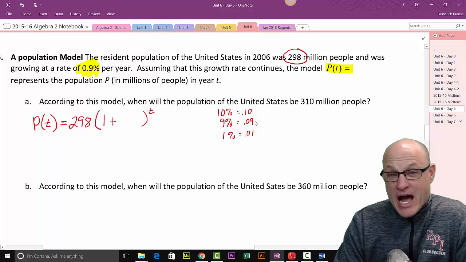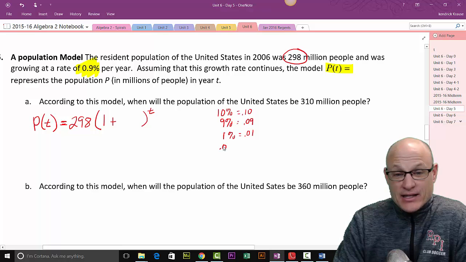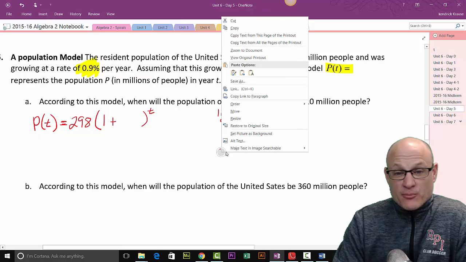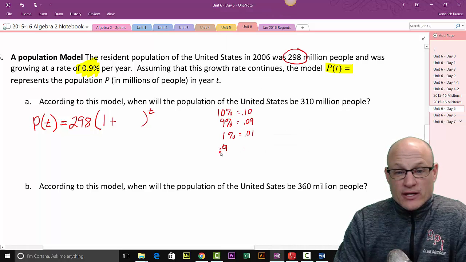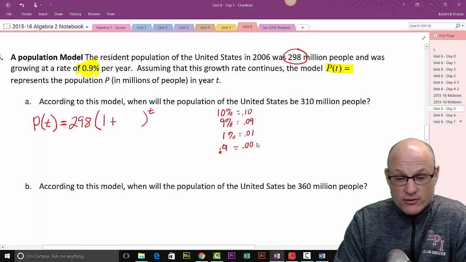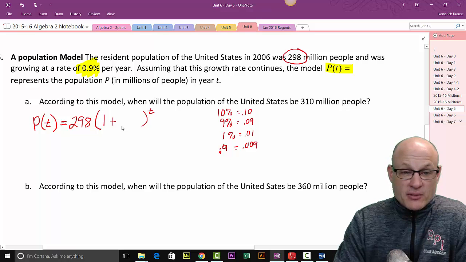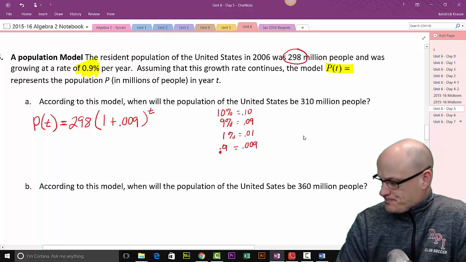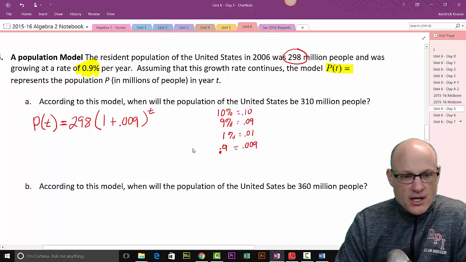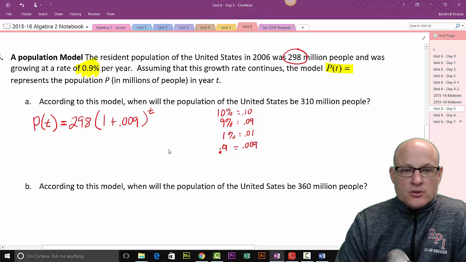So 0.9% is less than this. So I want 0.9%. Then put that point in the right place. 0.9%. So that's equal to 0.009. So that's what I'm going to add here. 0.009.